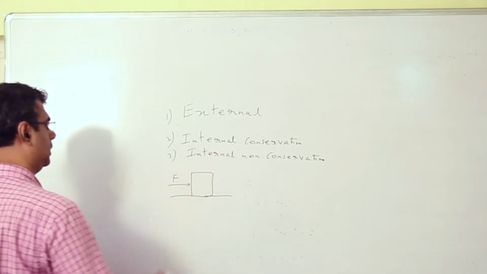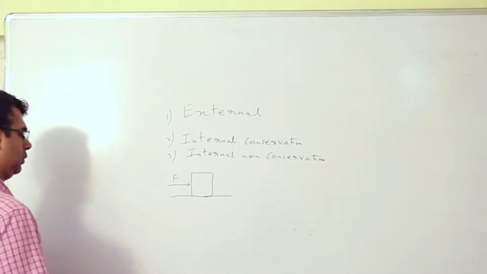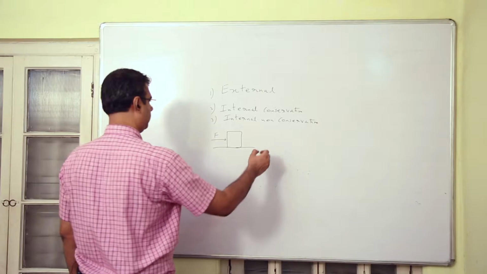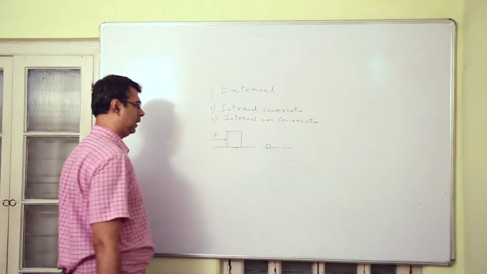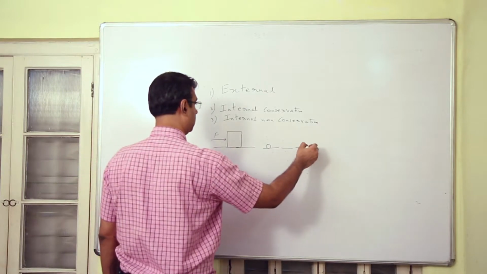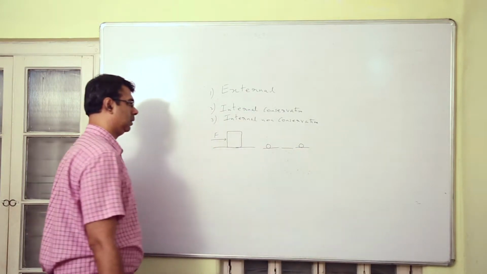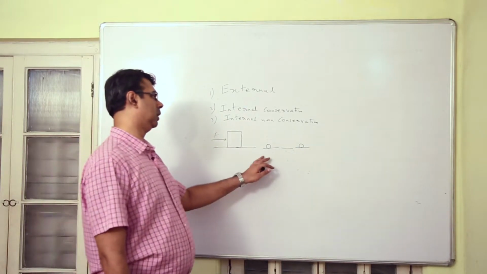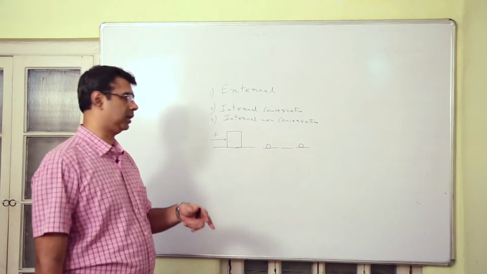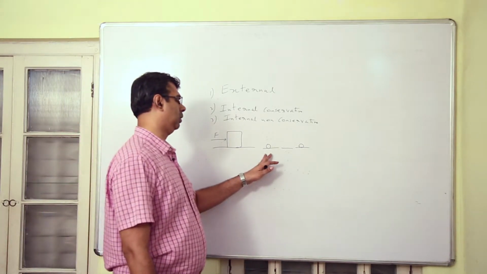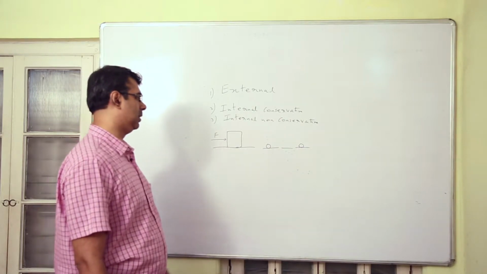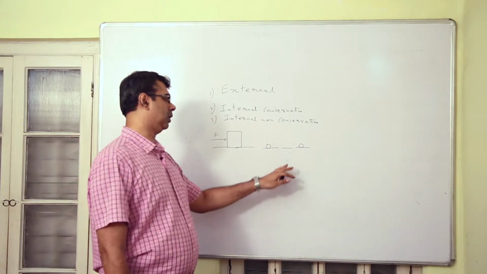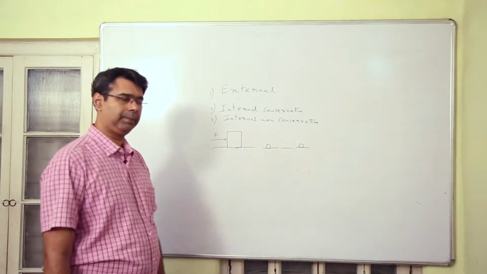Second thing is internal conservative force. If you take a ball and throw it up in the air, then after some time the ball will come back to the ground. During its entire journey, while the ball was going up and while it was coming down, the total work done by gravity is zero.